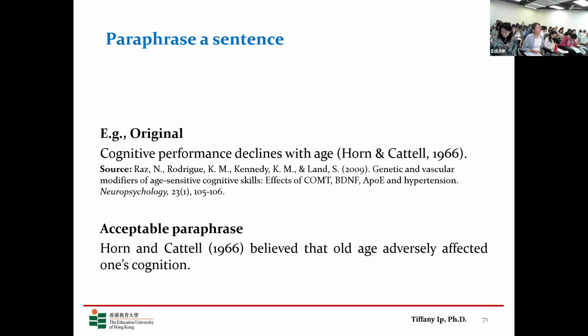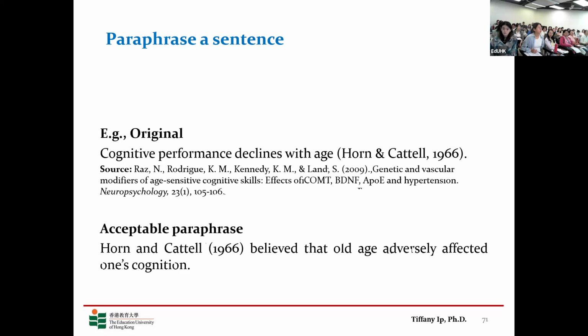So at least we change the word cognitive to a noun, cognition. Right? And I like how you guys explain. You can definitely say maybe as indicated by Horn and Cattell, 1966, comma, when a person became older. I don't want to use the word get older, get is informal, so I kind of change it.